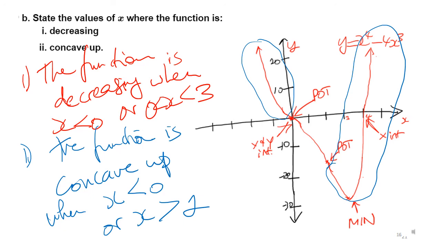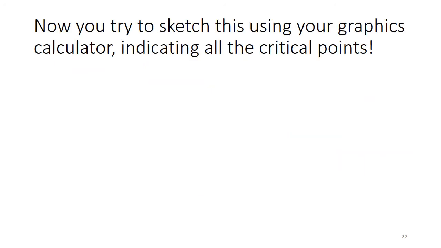So you see, we have solved a problem completely without using your graphics calculator. Now you're going to do this same question again, but you're going to use your graphics calculator. You're not just pressing buttons. I still want you to write down your working out, and you need to include all the critical points.